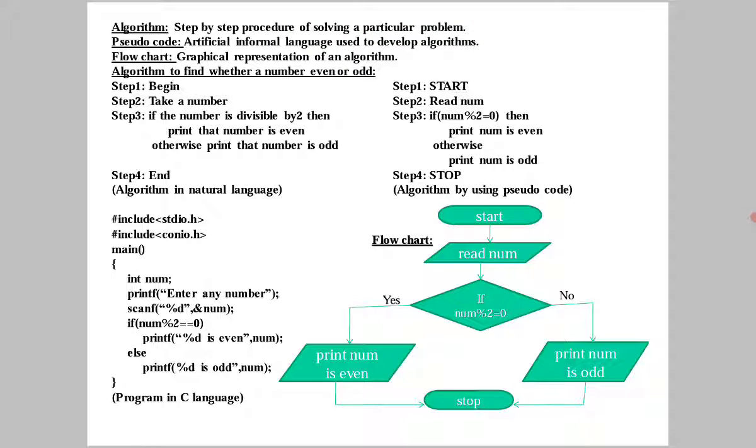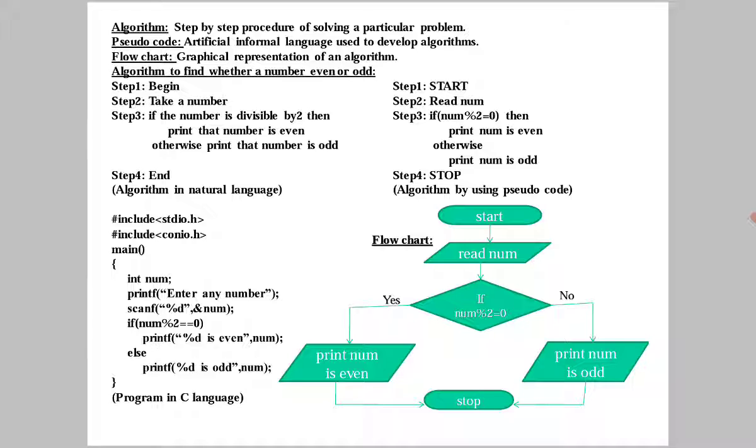Similarly, if the remainder is not equal to 0, then it is called an odd number. So first you have to write the algorithm. Step 1, begin. Step 2, take a number. Step 3, if the number is divisible by 2, then print the number is even, otherwise print the number is odd. Step 4, end. The algorithm is in natural language.